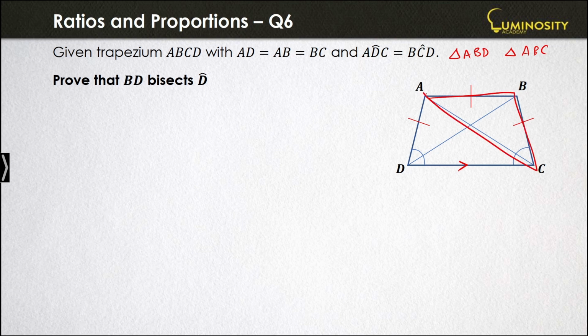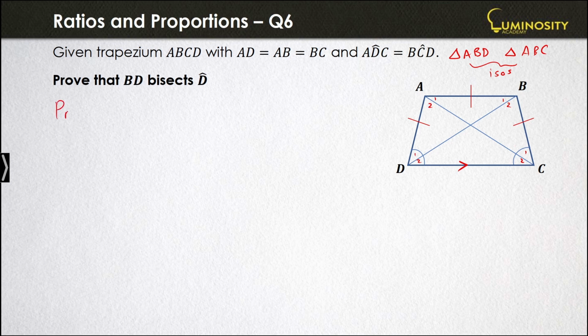Notice those two triangles are isosceles triangles. They're both isosceles because we have AD equals AB in triangle ABD and AB equals BC in triangle ABC. So therefore, I'm going to label these angles as follows, calling them 1, 2s over here.